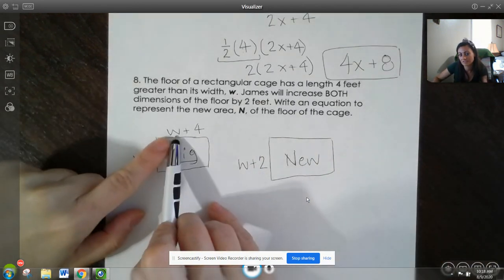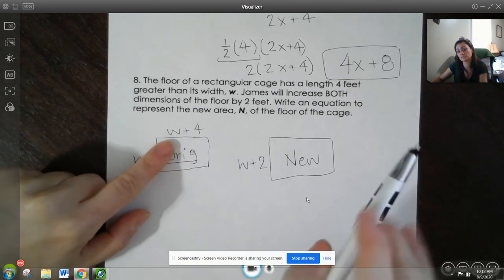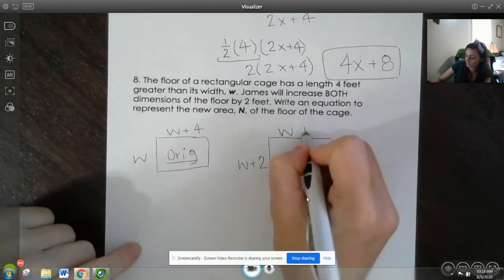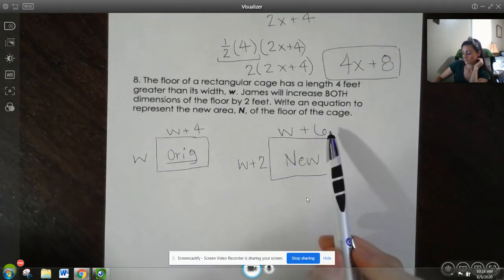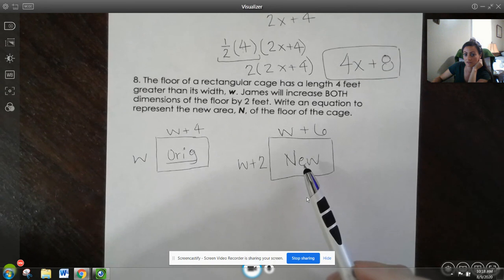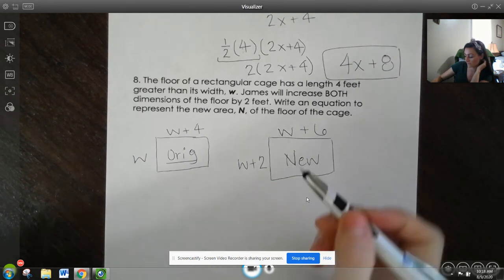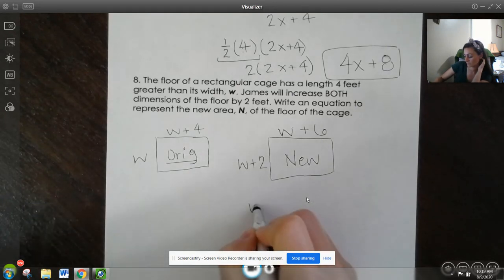Now I have to increase this by 2. So W plus 4 plus 2, which is really W plus 6. So this will be my new area, and this is what I need to calculate. You can do the box method, you can just do distribution, it does not matter.